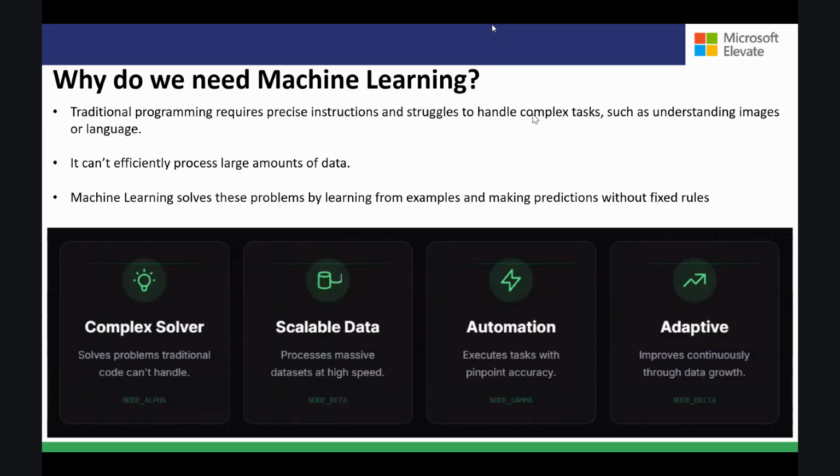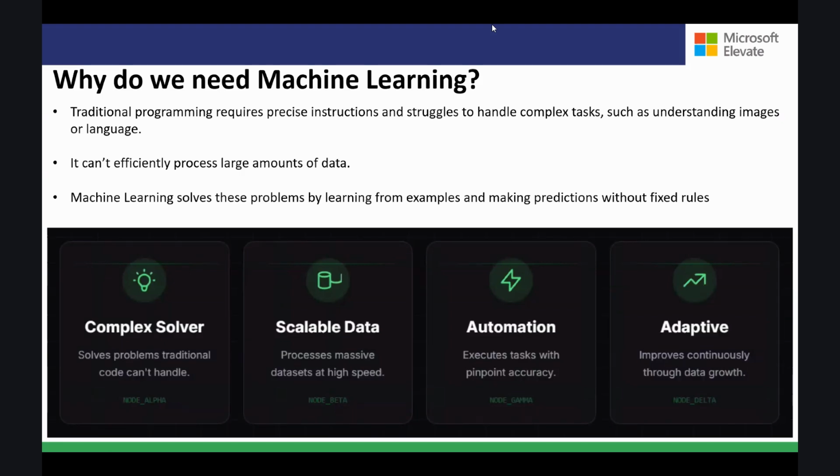So mainly these are the points to understand why we need machine learning. It's a complex problem solver. We can solve complex problems, even though we have given really simple problems. After learning multiple times, it can solve multiple complex problems.